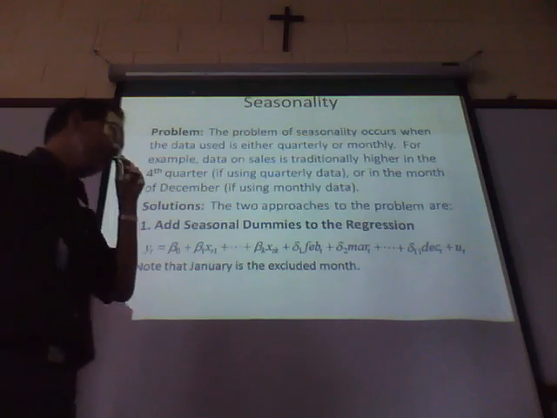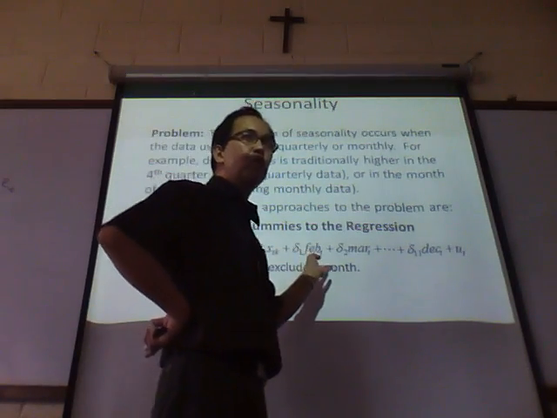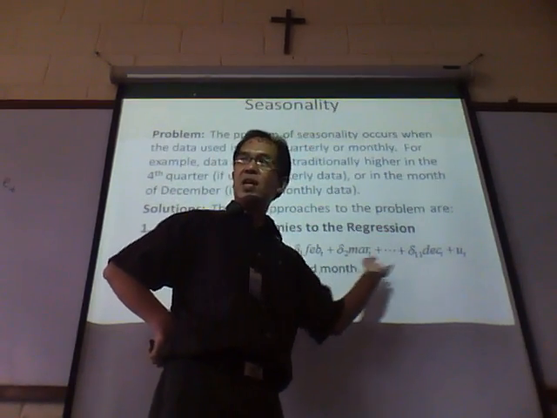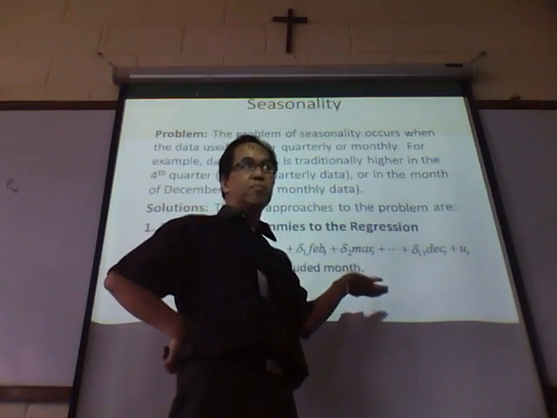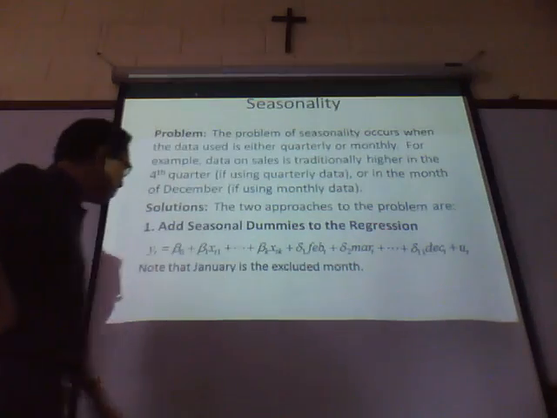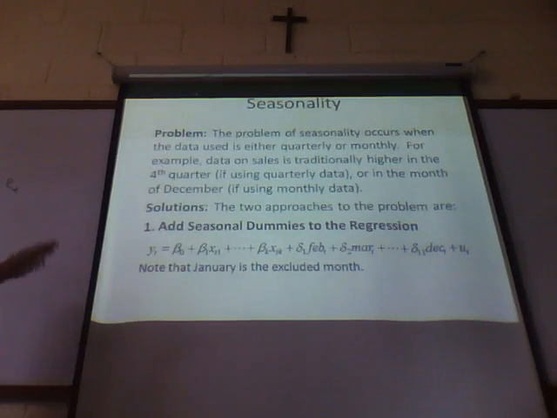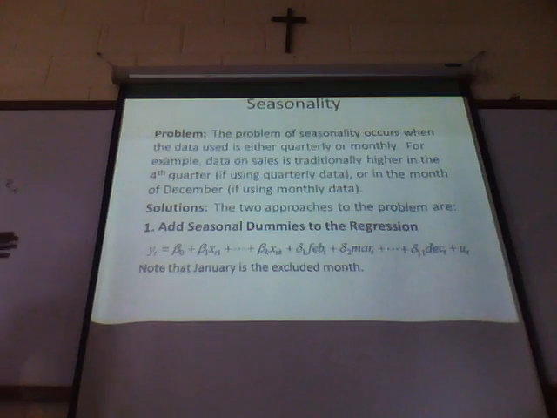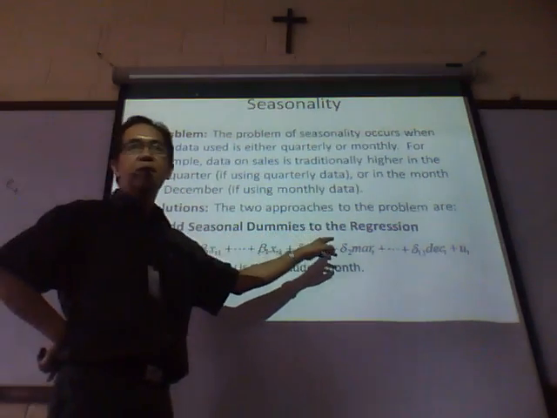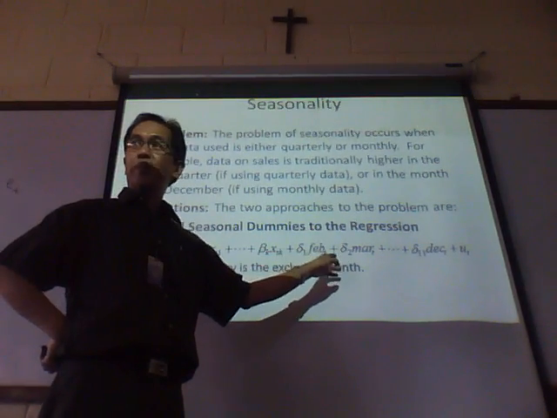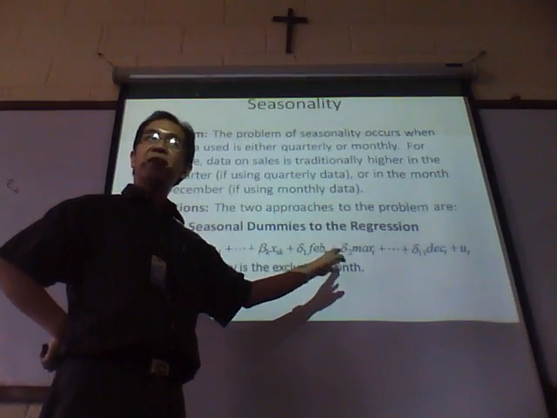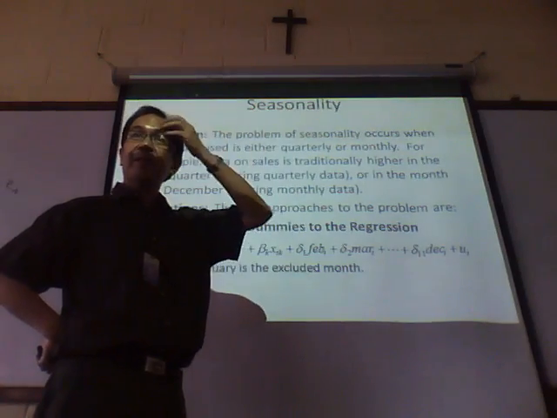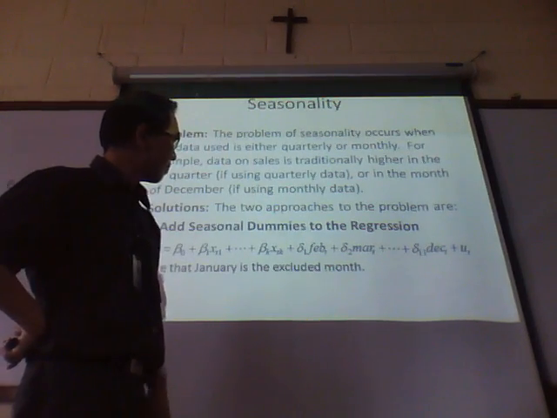So you can probably afford to lose 11 degrees of freedom. Because if it's monthly data, then you have more months. Okay. So it's exactly the same principle as the one of adding the time. So trend is more a problem for yearly data, while seasonality is a problem for monthly and quarterly. Okay.